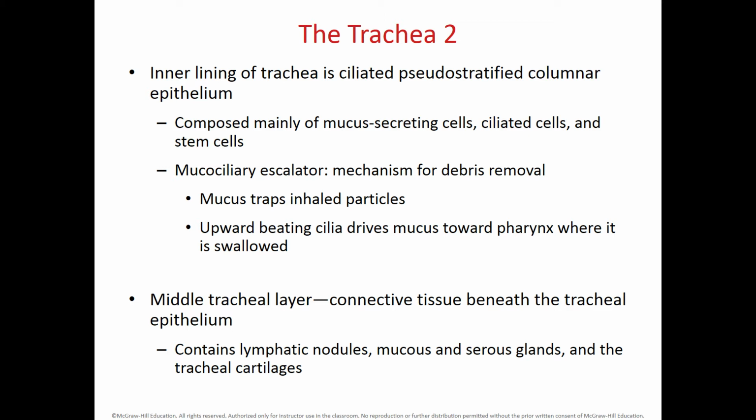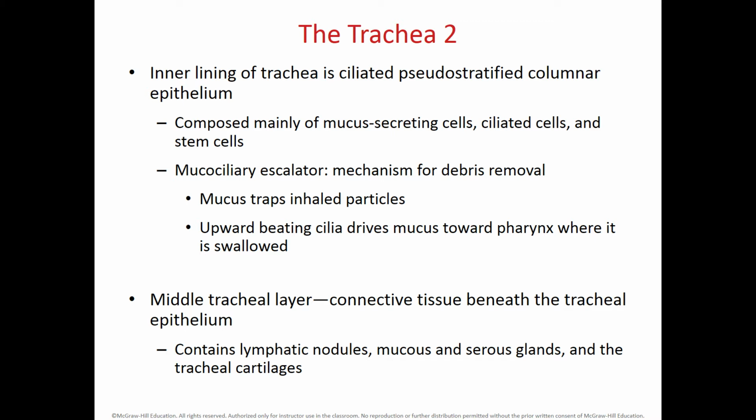So whenever you have molecules that are trapped within these cilia, you start this mucociliary escalator reflex so you can get rid of this debris. This reflex is basically the movement of the cilia upward so you can drive the mucus towards the pharynx and then you can swallow the mucus.